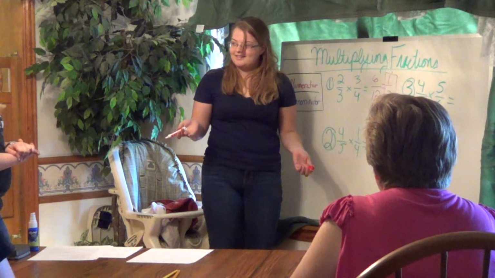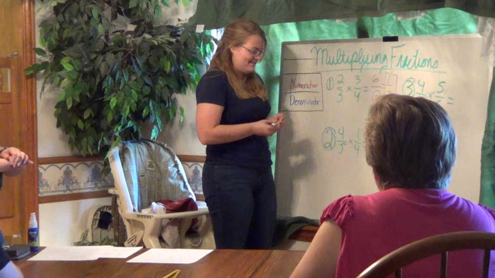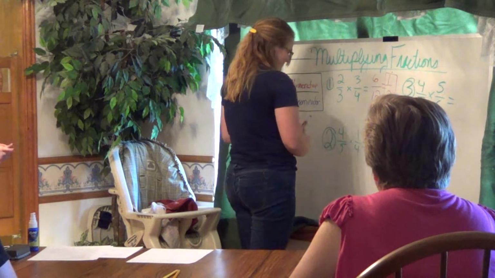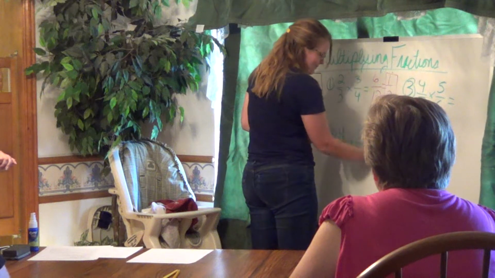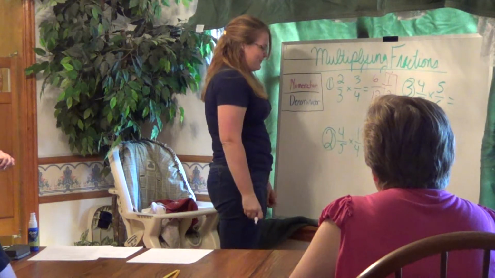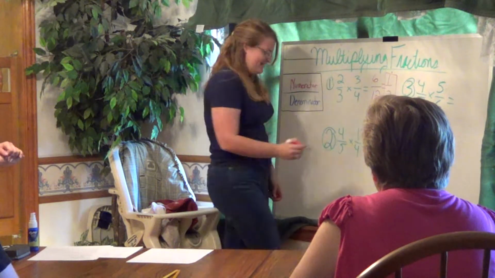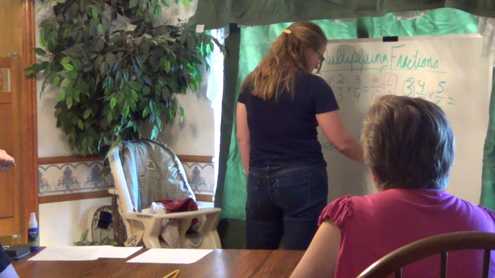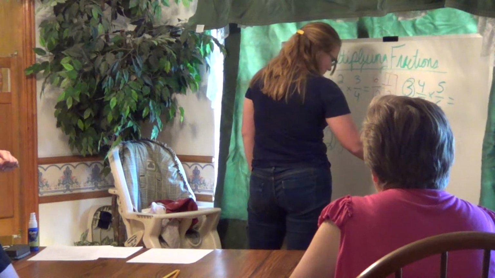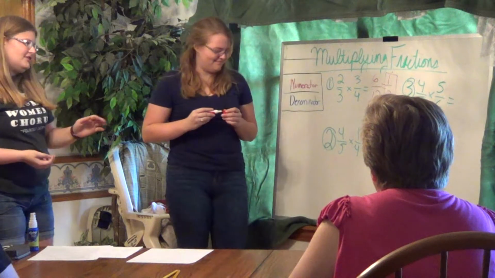Okay, last time that would have been correct. Kind of. Okay. So go back to the steps and try again. What was the first step? Multiply the numerator. Good job.